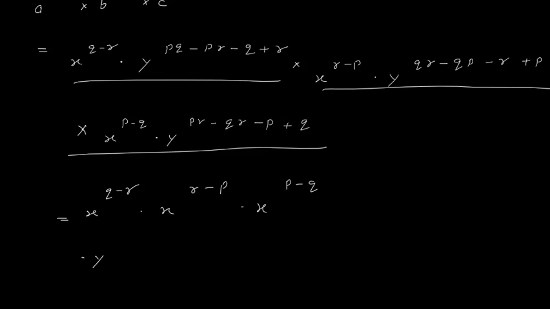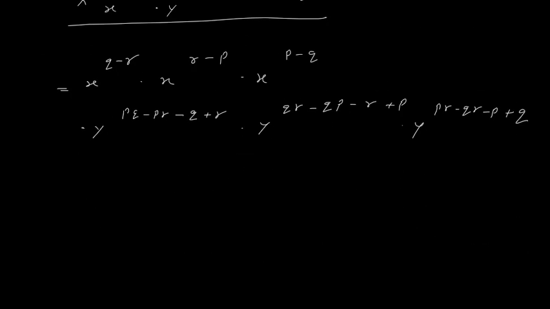So here we have y power pq minus pr minus q plus r into y power qr minus qp minus r plus p into y power pr minus qr minus p plus q. So this will become, this is equal to x power, here as the base is same I will add the powers.